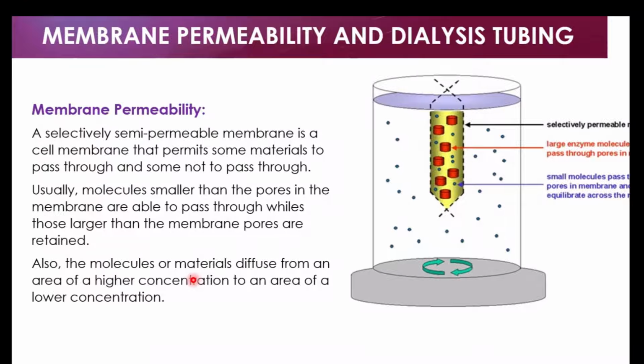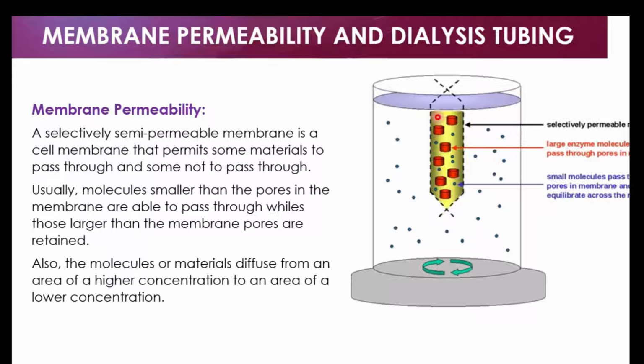Membrane permeability. A selectively semi-permeable membrane is a cell membrane that permits some materials to pass through and some not to pass through. Usually, molecules smaller than the pores in the membrane are able to pass through, whilst those larger than the membrane pores are retained.